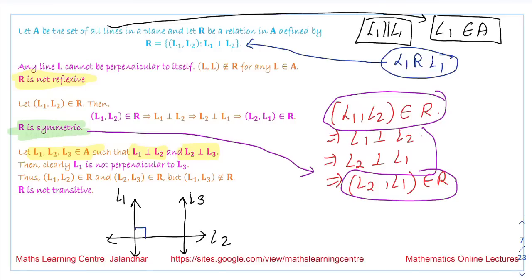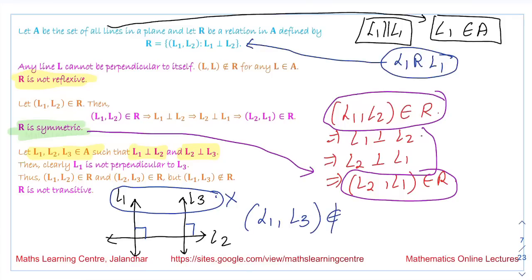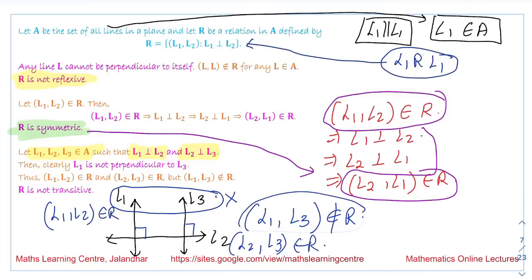L1 and L2 are perpendicular, L2 and L3 are perpendicular, but L1 and L3 need not be perpendicular to each other. It means L1 comma L3 are not related, whereas L1 comma L2 are related and L2 comma L3 are related. So we get that this relation is not a transitive relation.